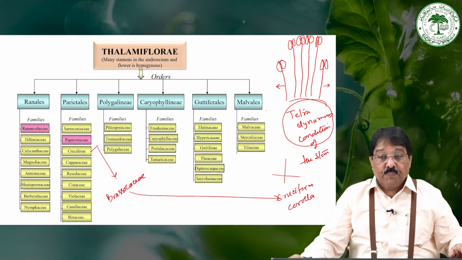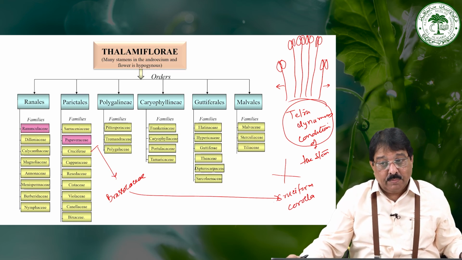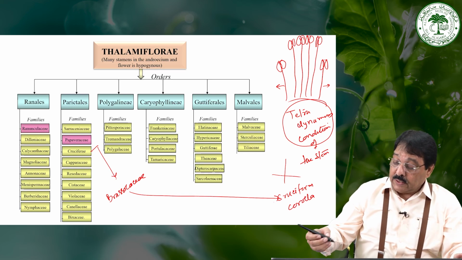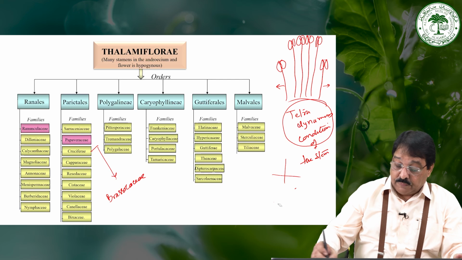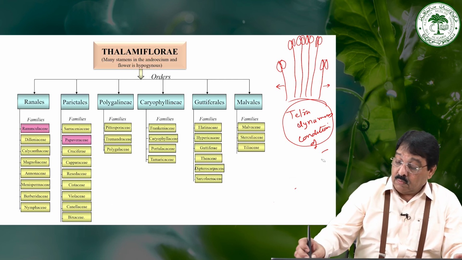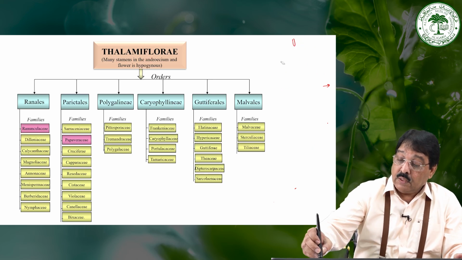It is the peculiar character of the Cruciferae or the Brassicaceae, you can say. And another most important character of the Brassicaceae, we can identify on the basis of the fruit.